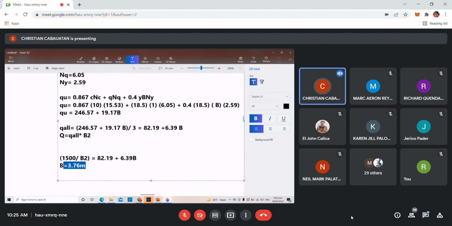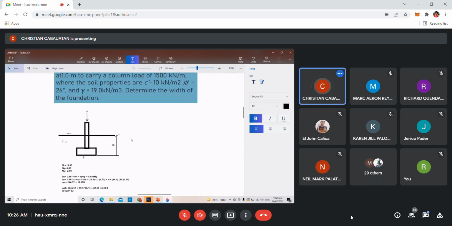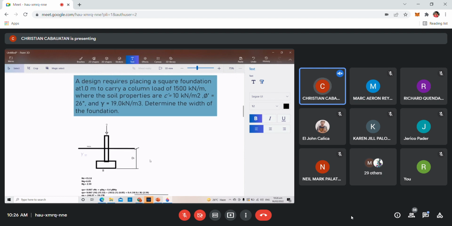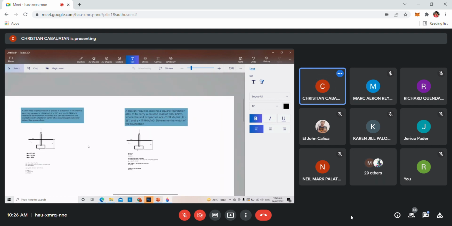Kapag hinahanap yung kanyang dimensions, it would be the design. Kailangan mong i-design. Pero kapag hinahanap naman yung load, actual ata yung word na yun. Hindi ko na maalala kung anong word.